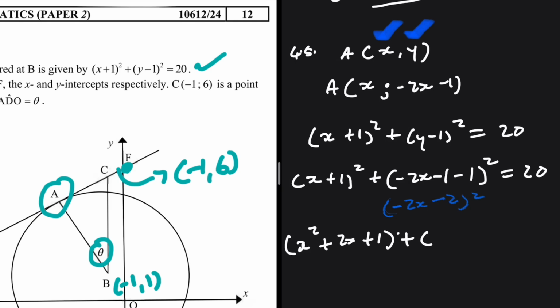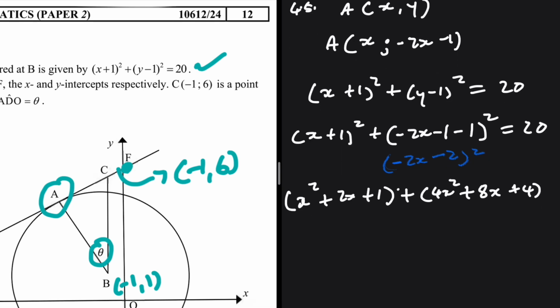So when we solve that, minus 2x multiplied by minus 2x is 4x squared. Then minus 2x multiplied by minus 2 is plus 4x, multiplied by 2 is plus 8x, and then plus 4. This is all equal to 20.